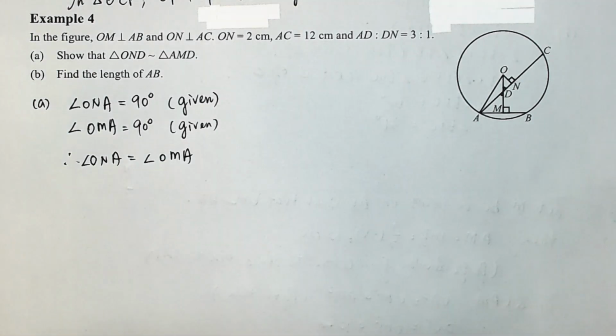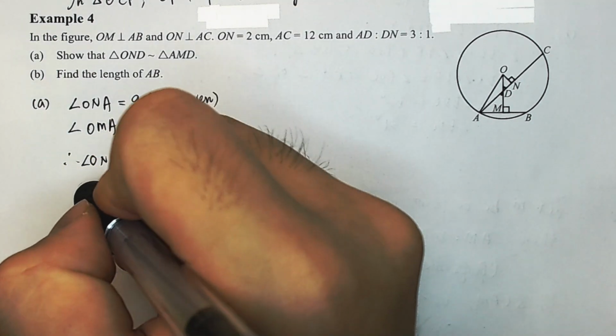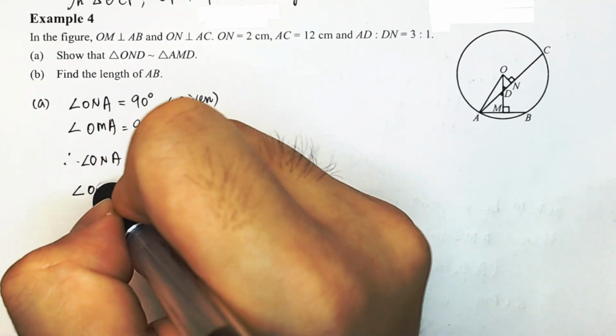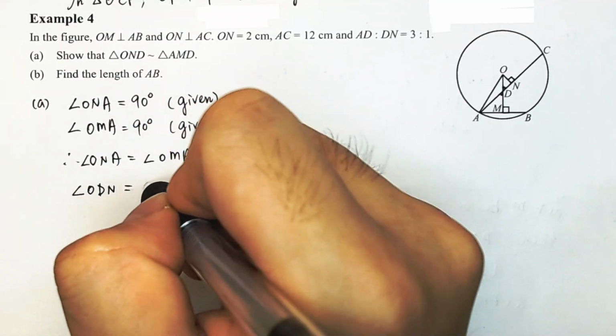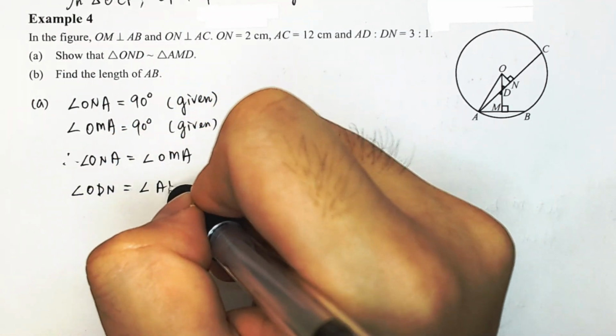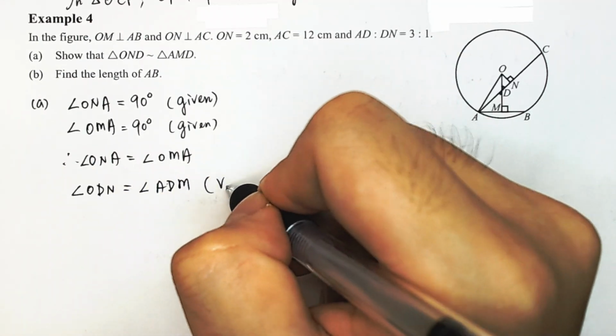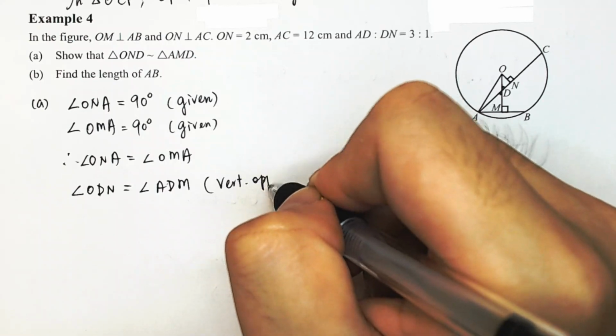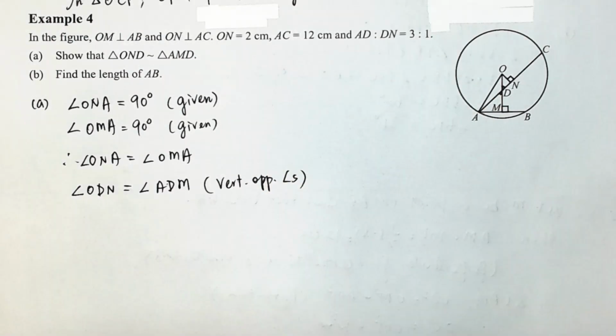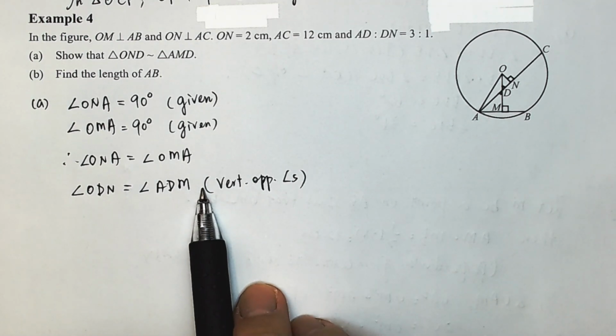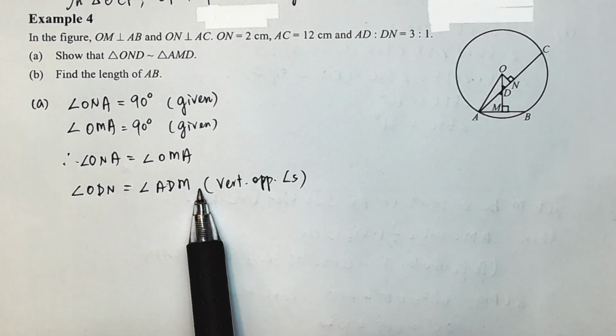This is the first pair of angles. The second pair is that angle ODN is equal to angle ADM, the vertically opposite angles. And as long as you have 2 pairs, you can conclude that the 2 triangles are similar.